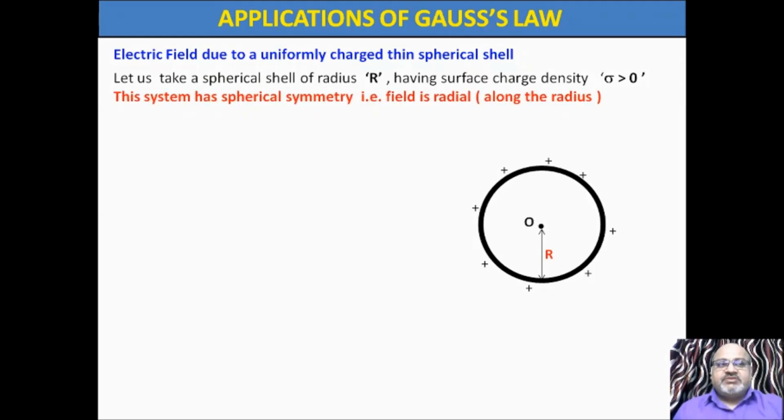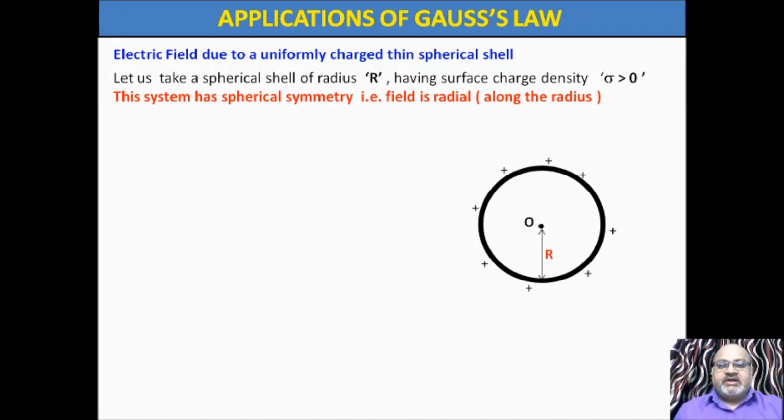And this distribution of charge is uniform. This has spherical symmetry, as we already know, because field will emerge perpendicular from the surface. Electric field lines will be perpendicular and they will create a radial field. This is the spherical symmetry. Direction of field is along the radius, outward.